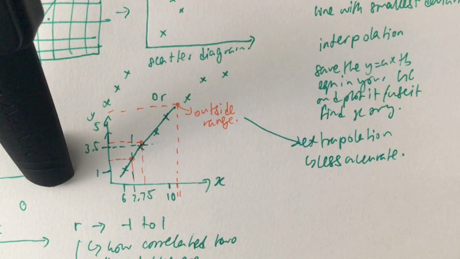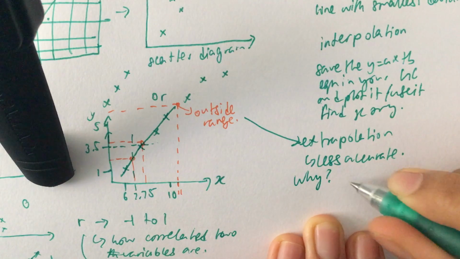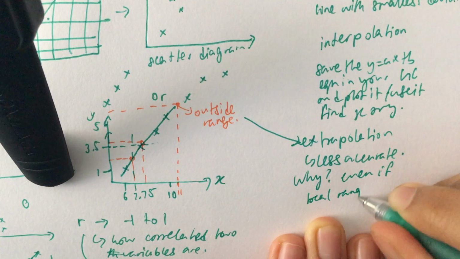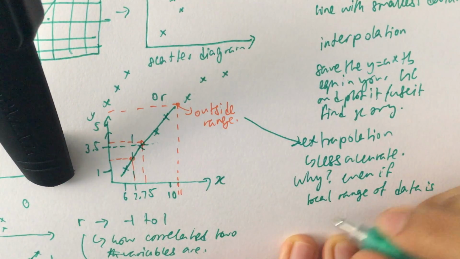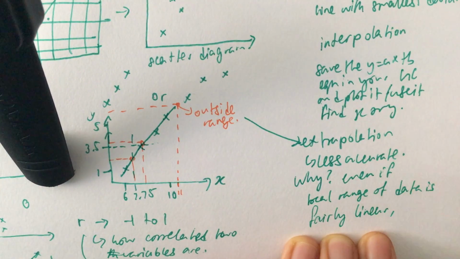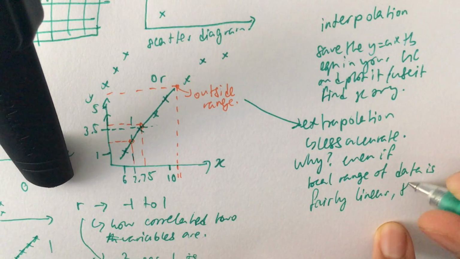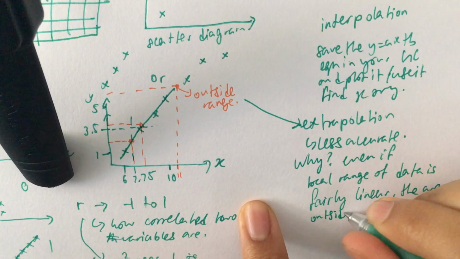It's likely that this particular local range of data is linear, but it may not be true for the entire set of data. If you think about it in a real statistical context, I remember seeing this in library books, with data on obesity in America, and it showed that it was increasing.